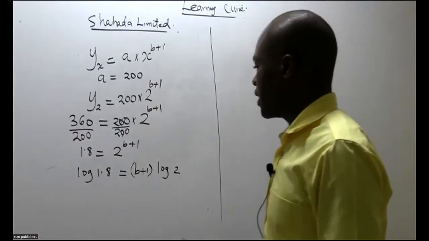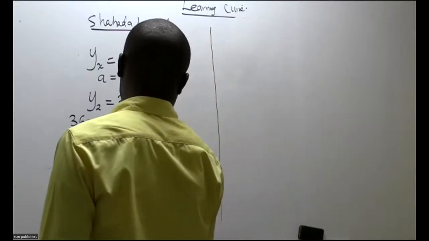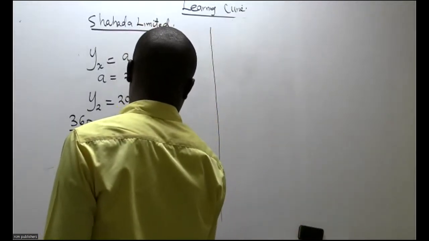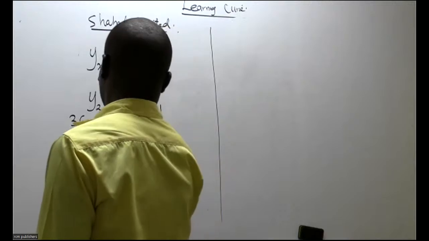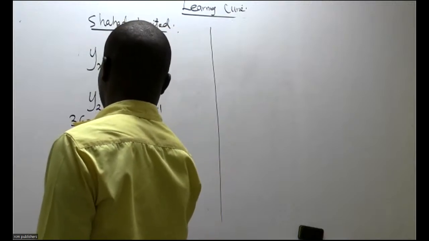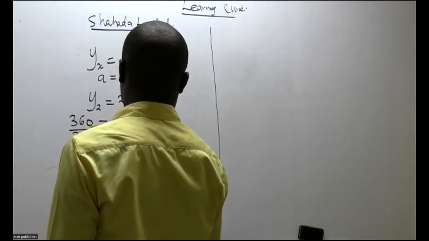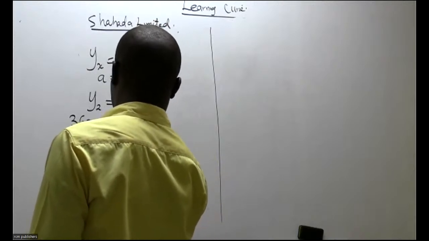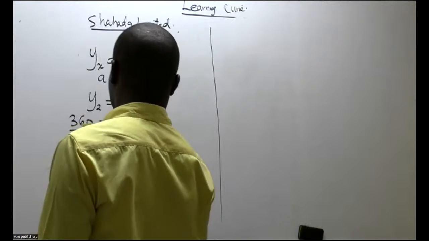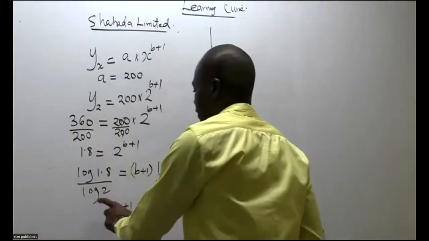Having done that, let's now collect them together. We divide this side by log 2. This one is gone. So we have B plus 1 is equivalent to log 1.8 divided by log 2.